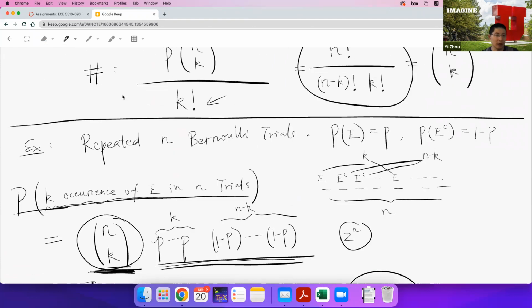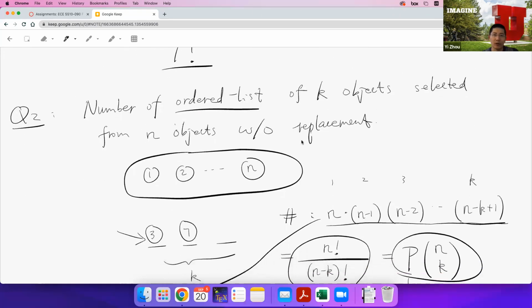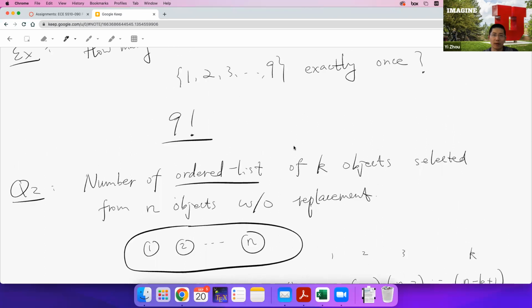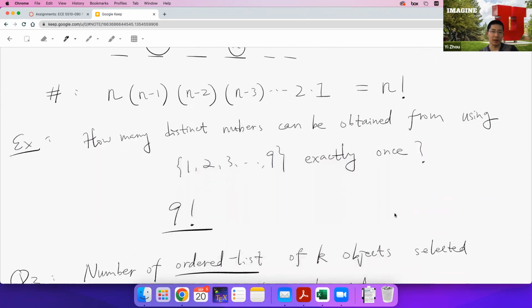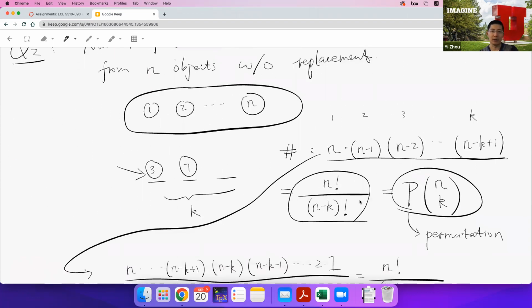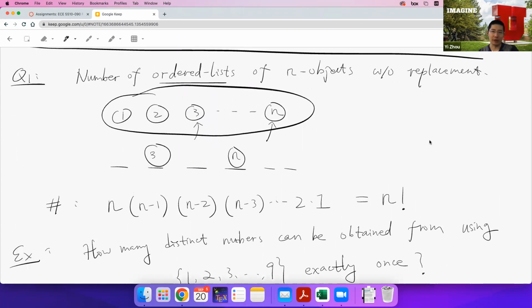If you look at Q1, we have N different balls, we place them into N different positions, and we care about the ordering. We know it's given by P(N, N), which is N factorial.